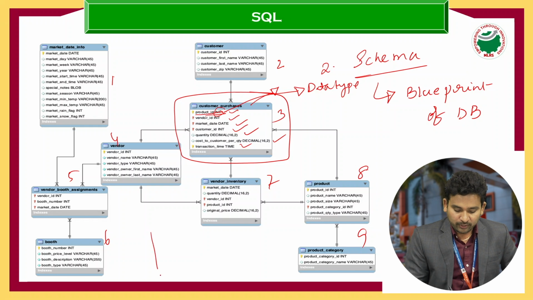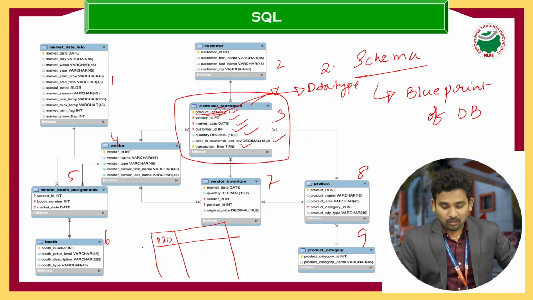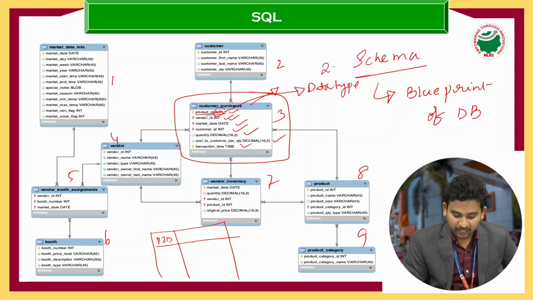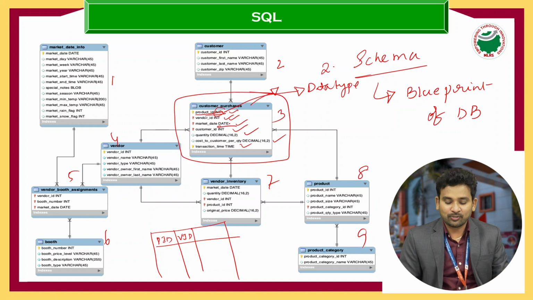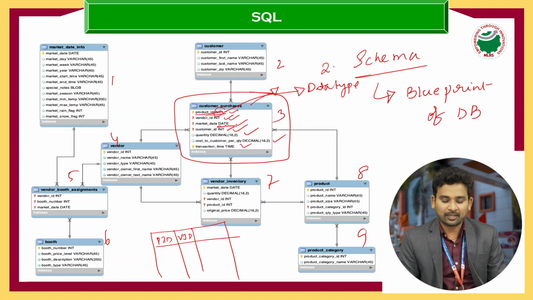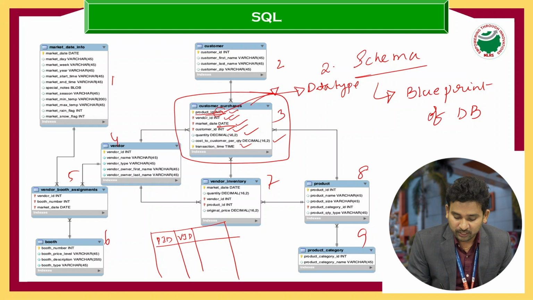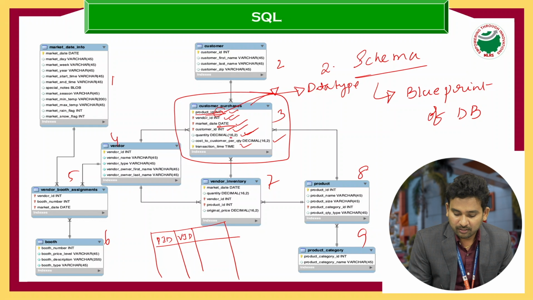For example, in this table, the first column, product ID, is an integer column, and the second, vendor ID, is also an integer. The third, market date, has the data type date. The next one is customer ID, whose data type is integer, and the next is quantity decimal, which goes up to 2 decimals.